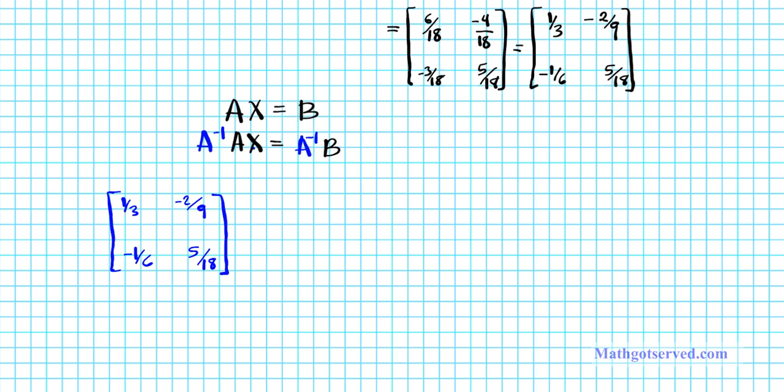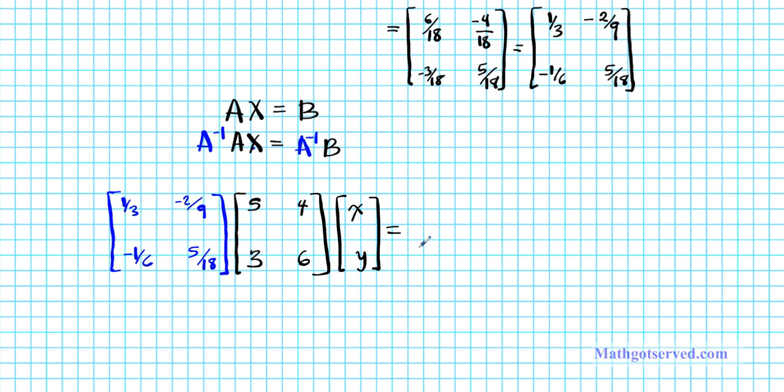That multiplied by matrix A, the original matrix, the coefficient matrix, which is 5, 3, 4, 6. All right, so that's our coefficient matrix times the variable matrix, which is xy. And then that equals the constant matrix.